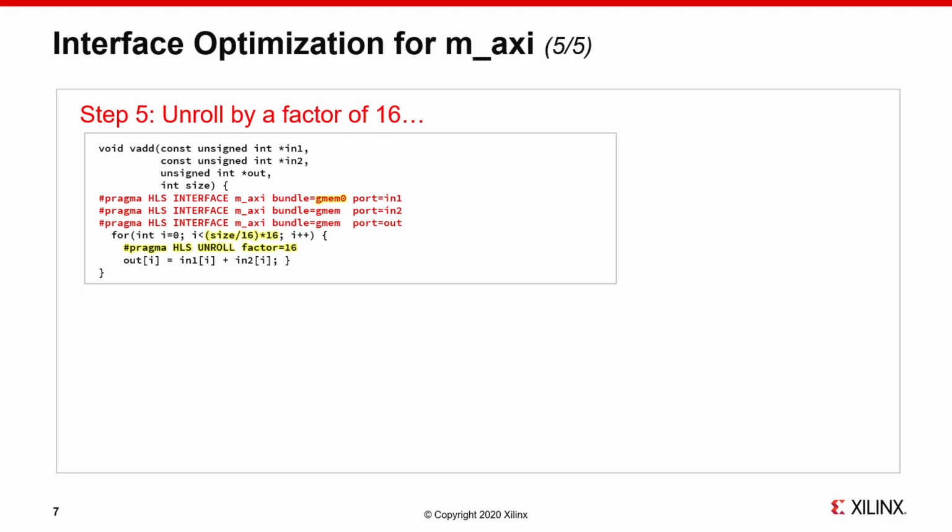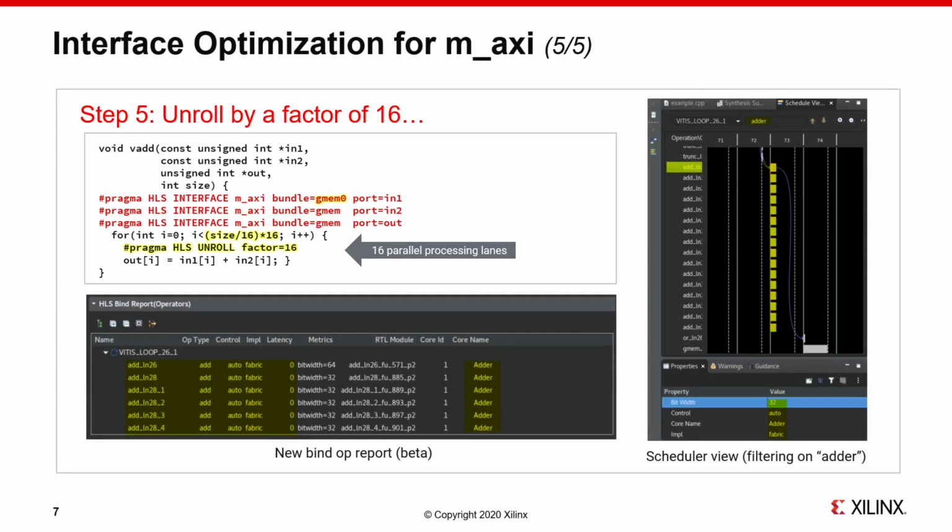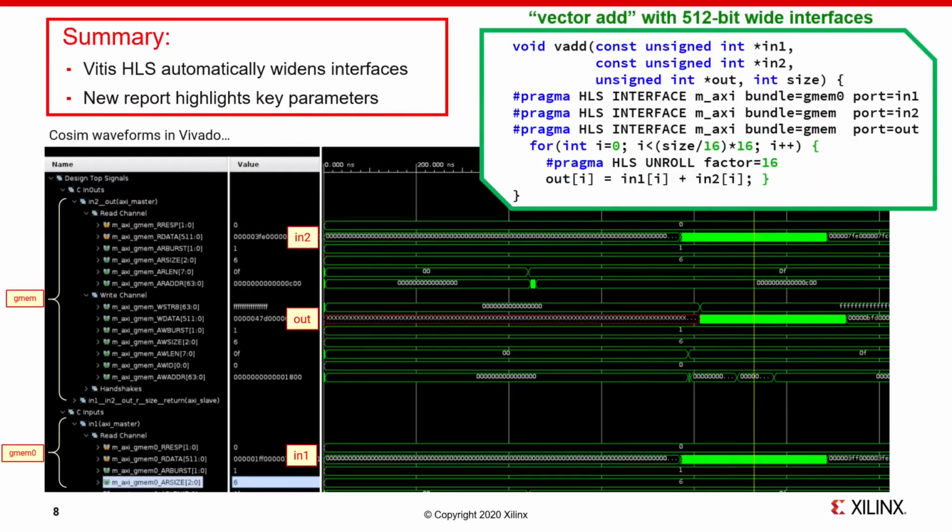After C synthesis, we can verify the parallelism in the schedule viewer of Vitis HLS. So here's the result after making these changes with the adapter code change, then the termination loop variable, and then adding the unroll pragma. We do have a wider interface that we can verify in the waveform viewer of Vivado. As you can see, the waveforms are organized per bundle, gmem and gmem0.